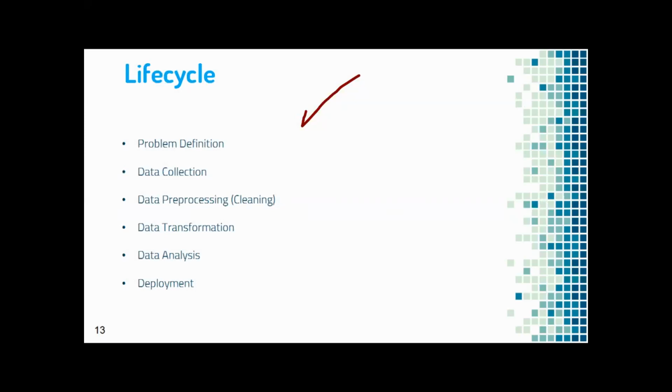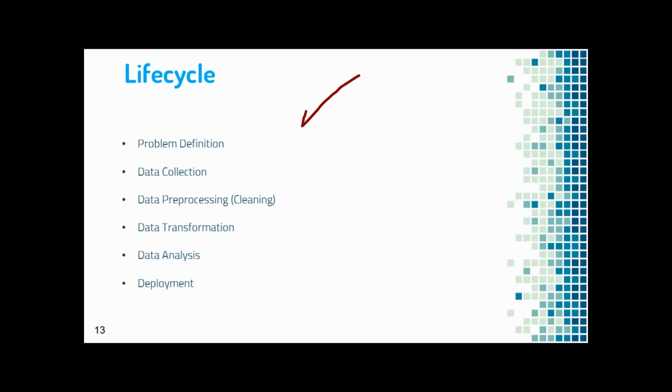Now there is a life cycle for any problem. First of all, identify the problem. What is the problem? Related to that problem, we will have to collect the data. Once we have collected data, we will have to clean it. So we need to clean the data first.